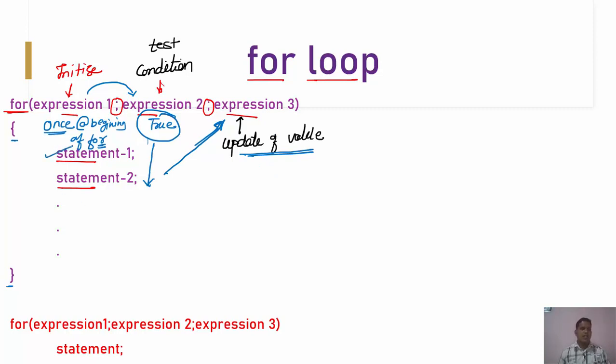When we have multiple statements to be executed using the for loop control statement, the syntax is like this. Whereas for a simple single statement, you can directly define it this way without using the curly brackets. After the for declaration, whatever single statement is mentioned is considered part of this for loop.